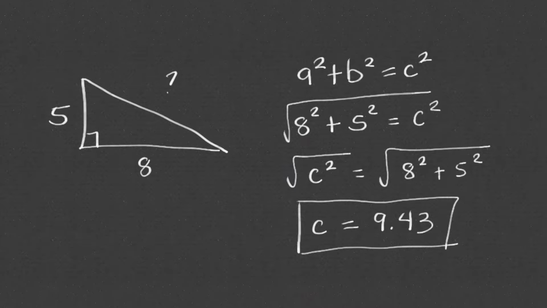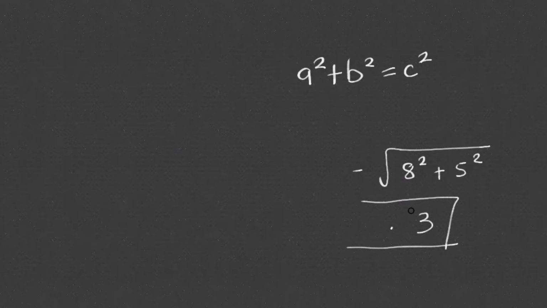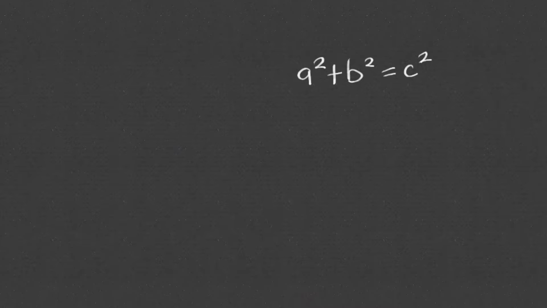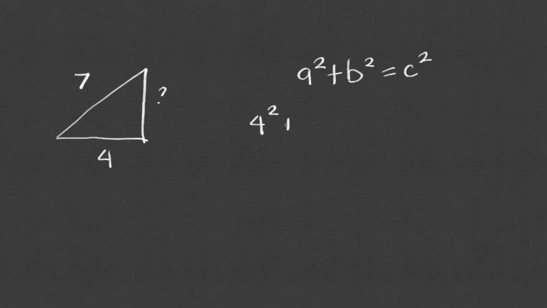Let's try another example. Given a right triangle with a hypotenuse of 7 and an adjacent of 4. Let's make a the adjacent and b the opposite.